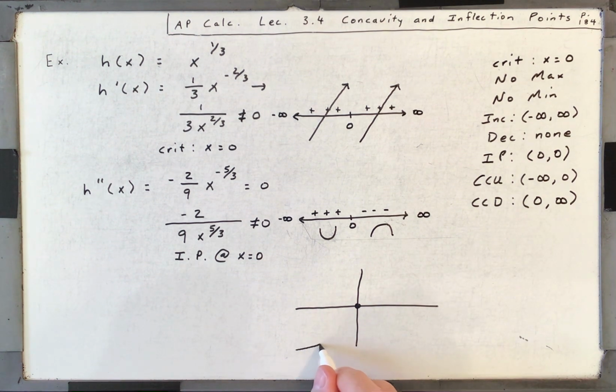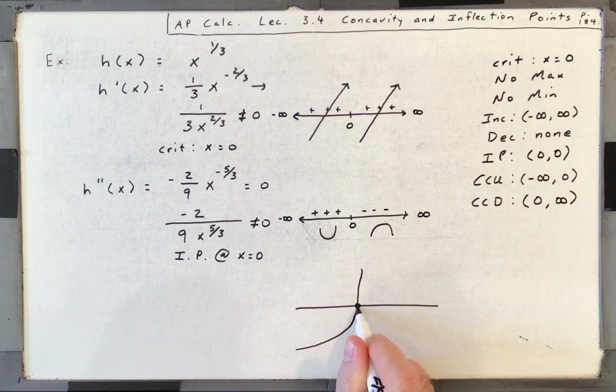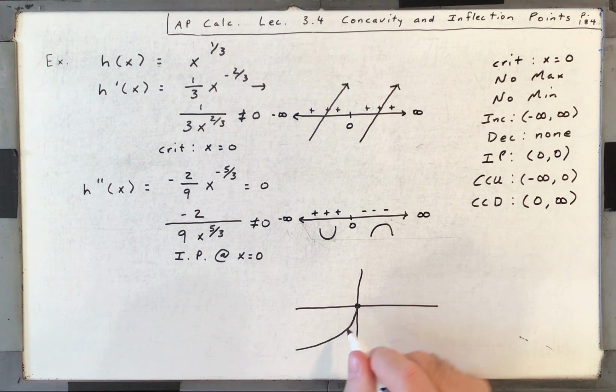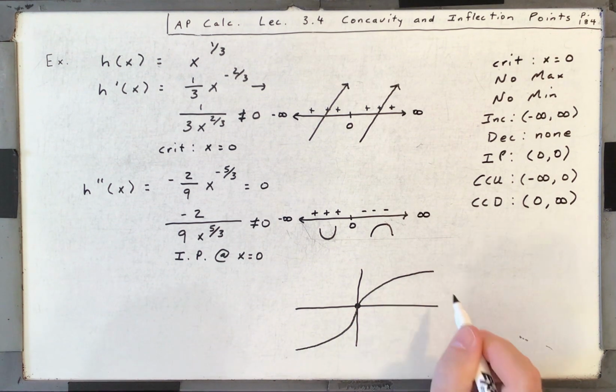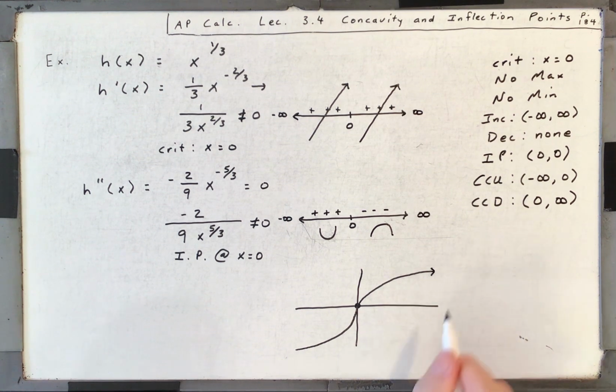So it would look something like this. Increasing, still increasing. That is concave up, right? And then it switches to concave down. All right, so you can check that in your calculator, graph x to the 1/3, see if it looks kind of like that. So let's talk about the homework.